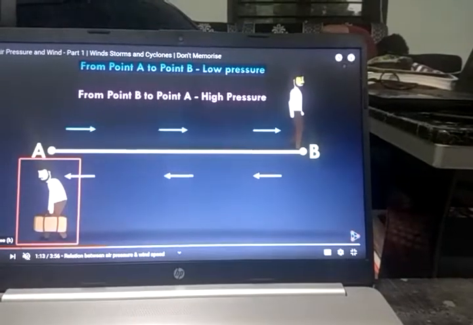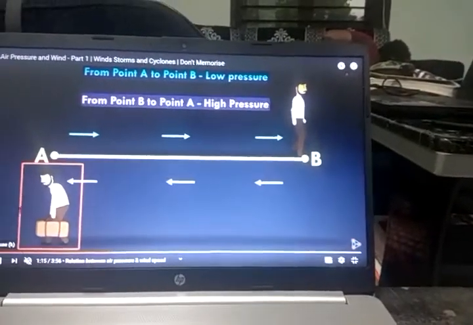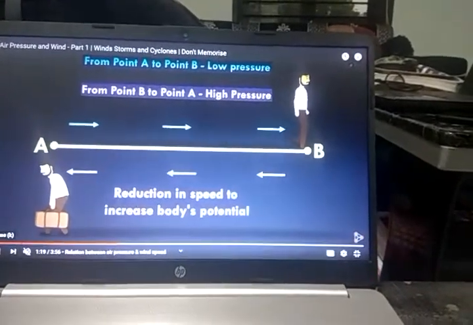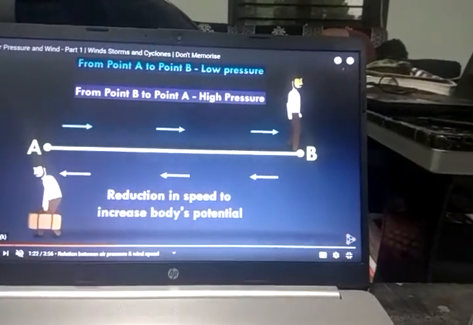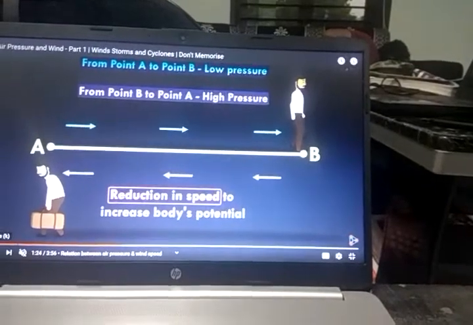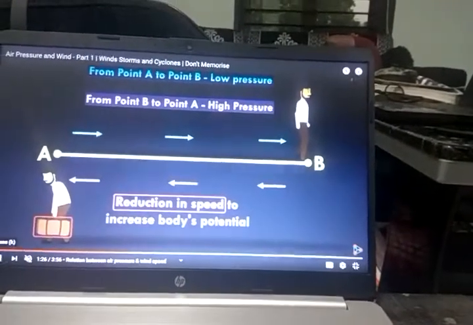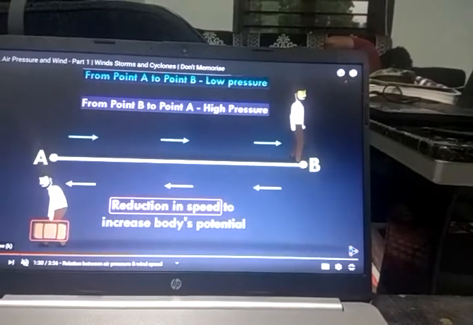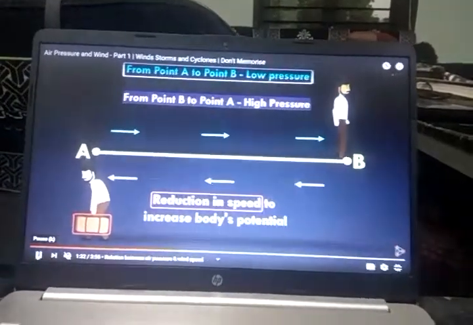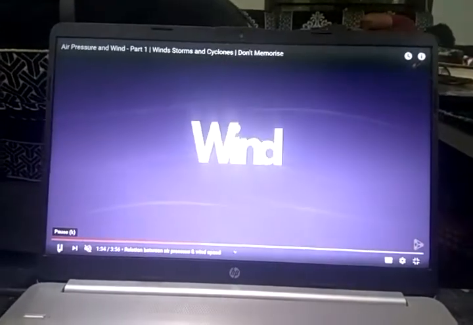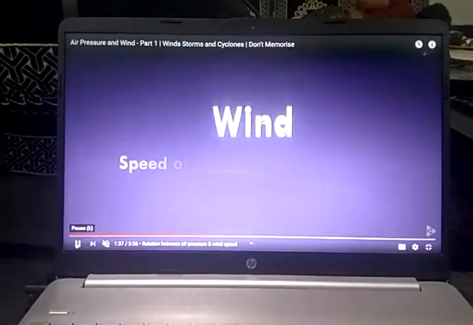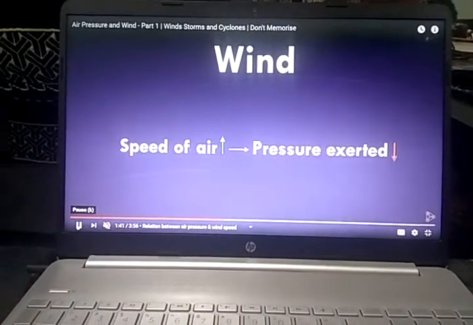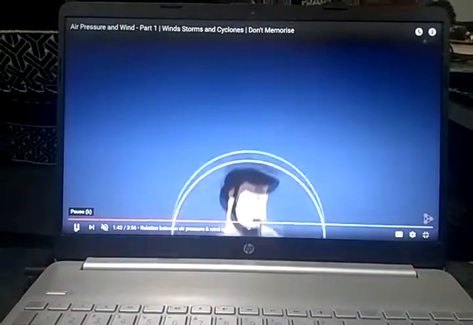So from point B to A there is a reduction in speed, and the person cannot walk fast. So in wind, the speed of air is affected by the pressure exerted.